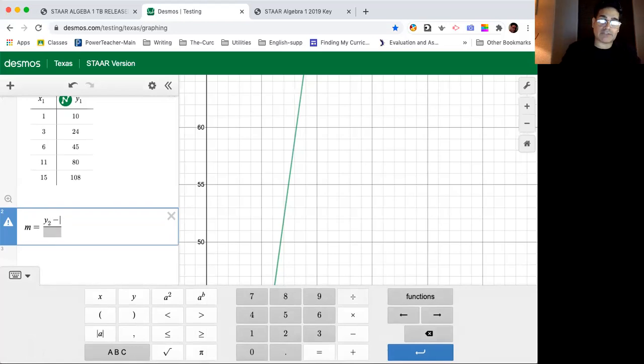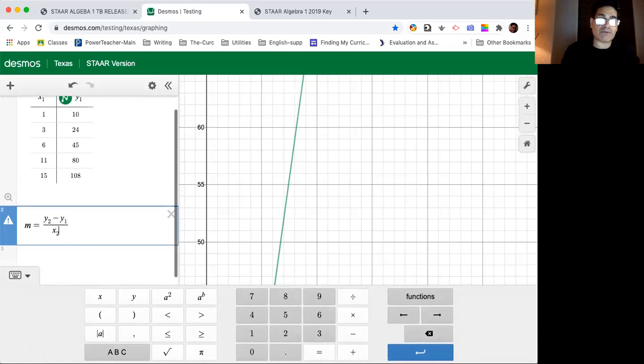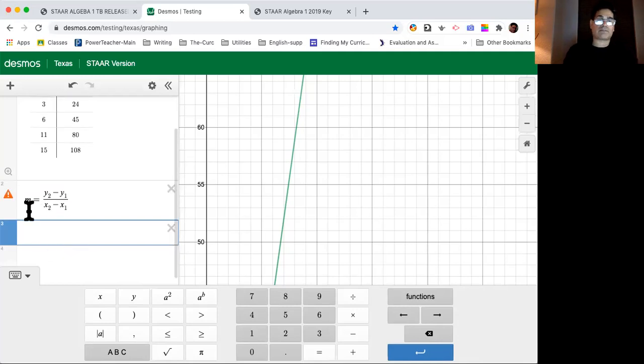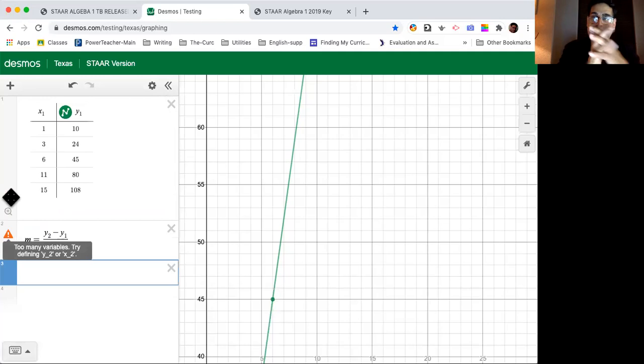You actually don't have to do this; you can just plug in your numbers right now. But this is something I would recommend to remember for the day of the test. You remember that you need to set it up like that. And you get a triangle saying, hey, you can't do that. We need some values here.